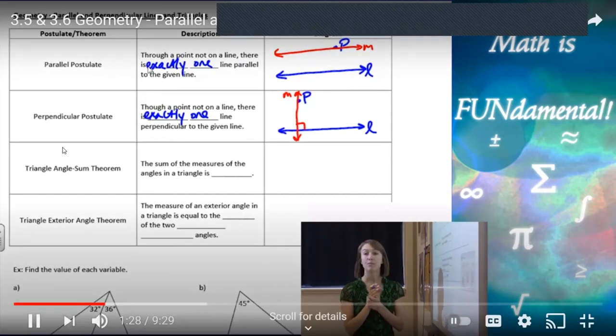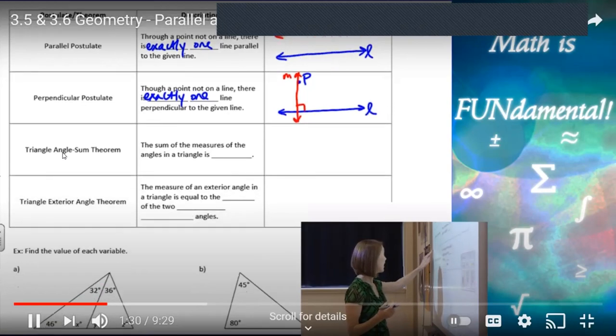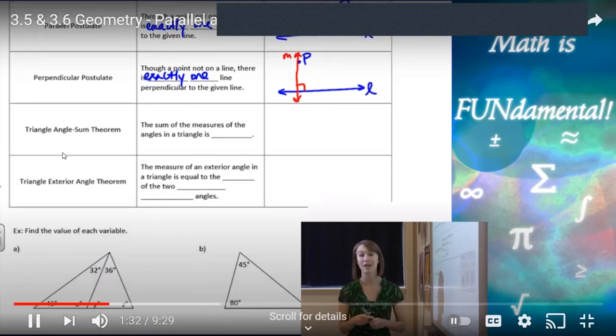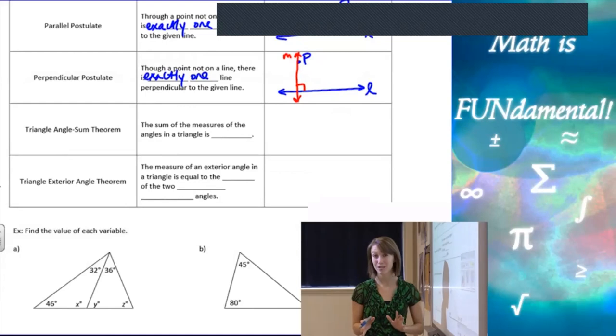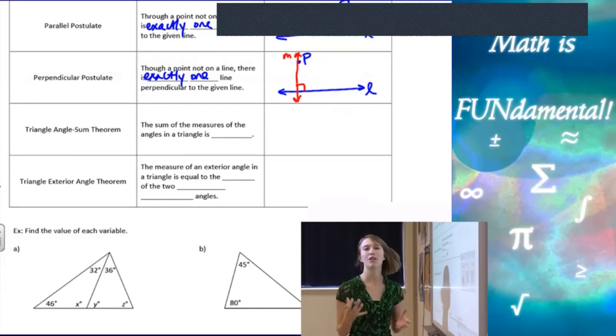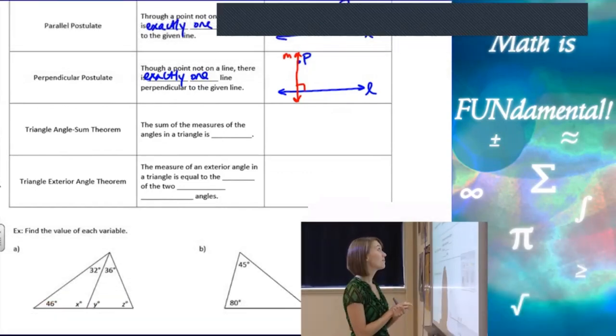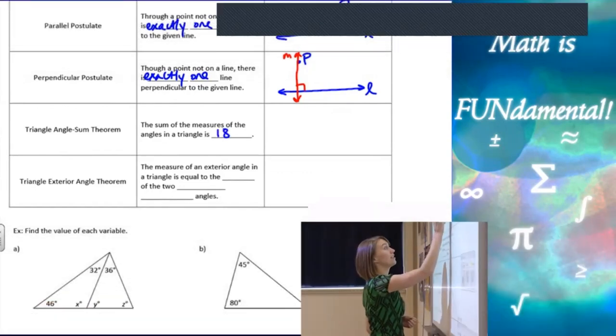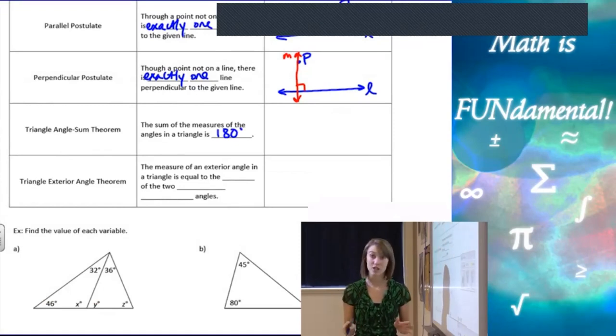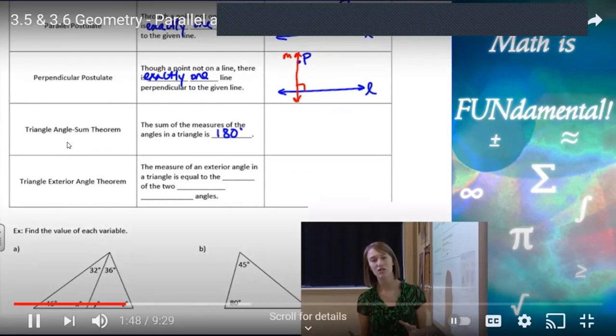All right, next theorem, we have the triangle angle sum theorem. Sometimes I'll just say triangle sum theorem, but that word angle is kind of hidden in there. This one says that the sum of the measures of the angles in a triangle is 180 degrees. It's always 180 degrees, no matter what shape or size the triangle is.